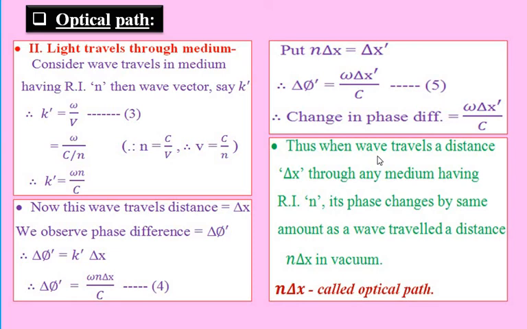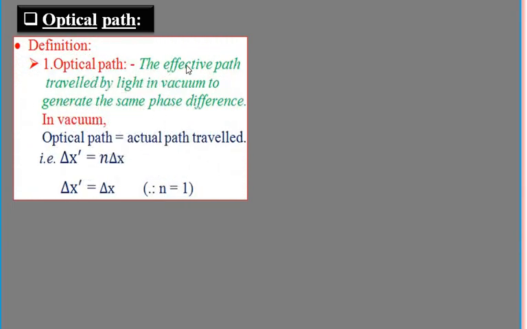Thus, when a wave travels a distance delta x through any medium having refractive index n, its phase changes by the same amount as a wave traveling a distance n into delta x in a vacuum. So n into delta x is called the optical path. The definition of the optical path is the effective path traveled by light in a vacuum to generate the same phase difference. In a vacuum, the optical path means the actual path traveled.